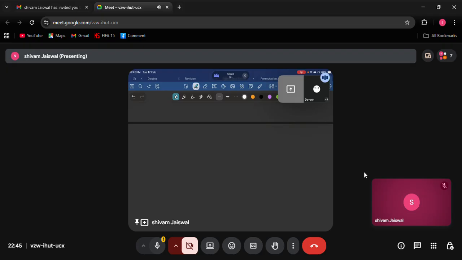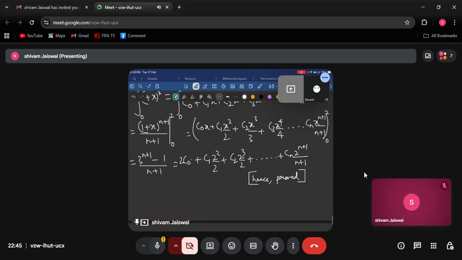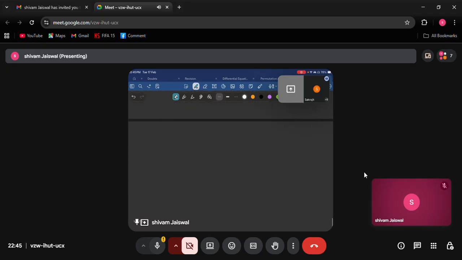Okay, another set of problems. Socrates, did you understand this method also? Integrating the limits. I had a confusion with limits. I understood. Okay.